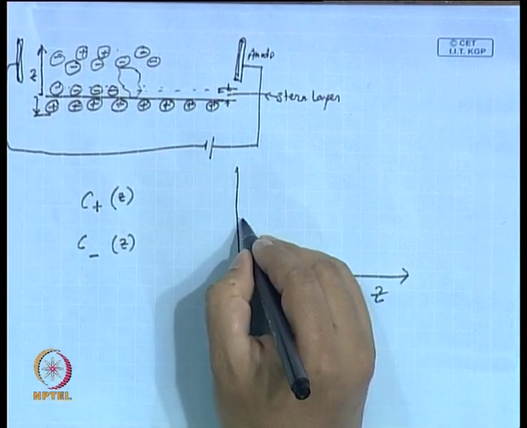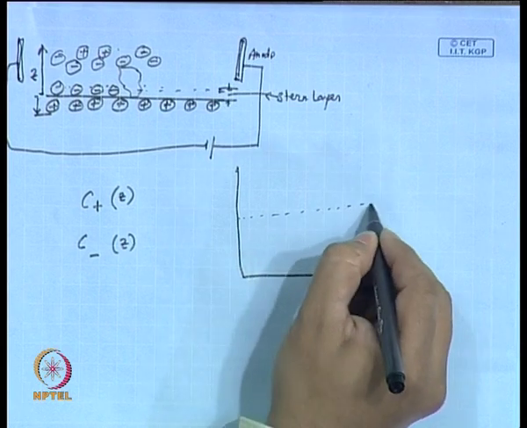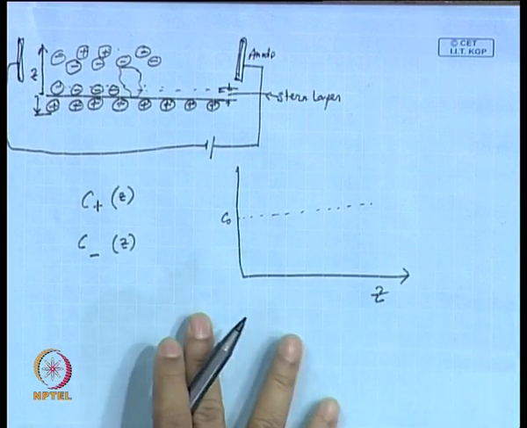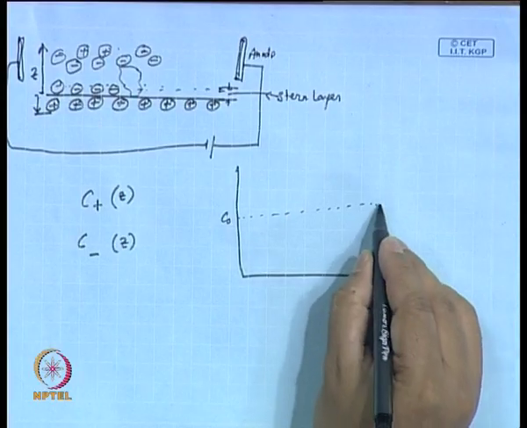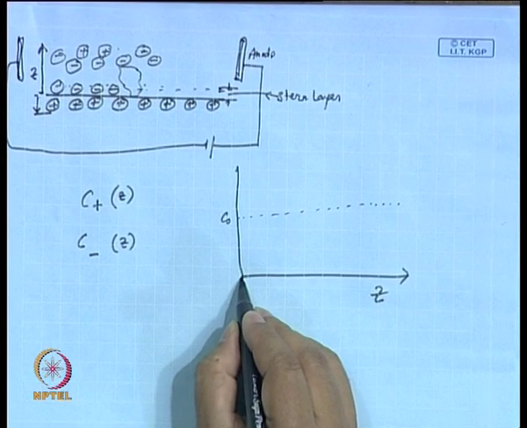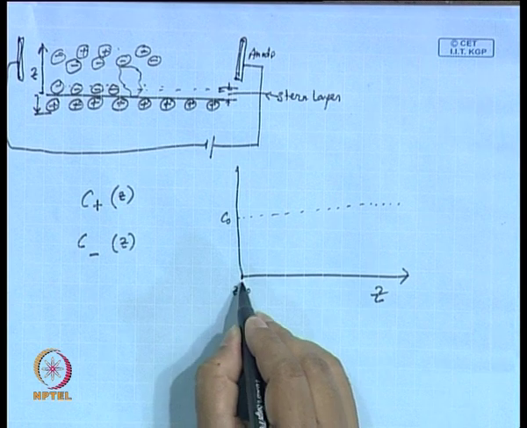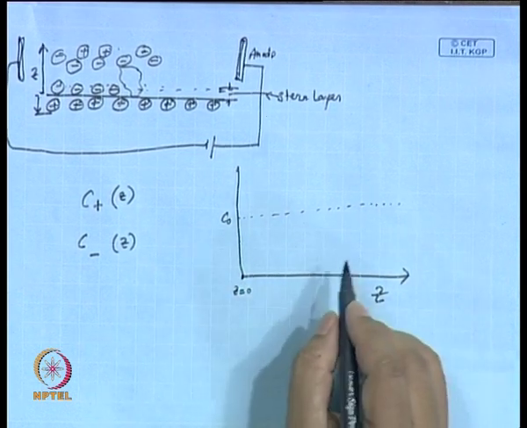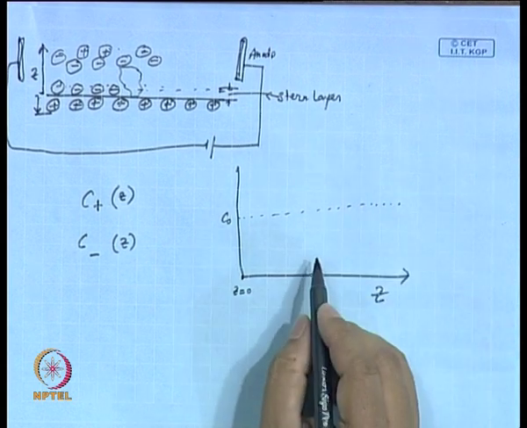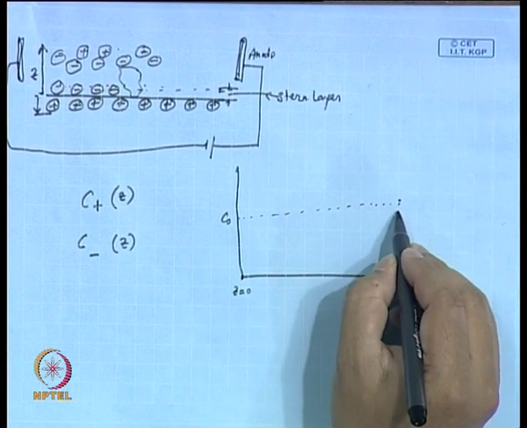Say this is the C0 that we have. What is C0? C0 was the concentration to start with. That means C plus is equal to C minus is equal to C0 to start with. So, the wall is here, Z equal to 0, this is the wall. Far away from this, at infinity, what would be the C plus and what would be the C minus? They will fall on C0.